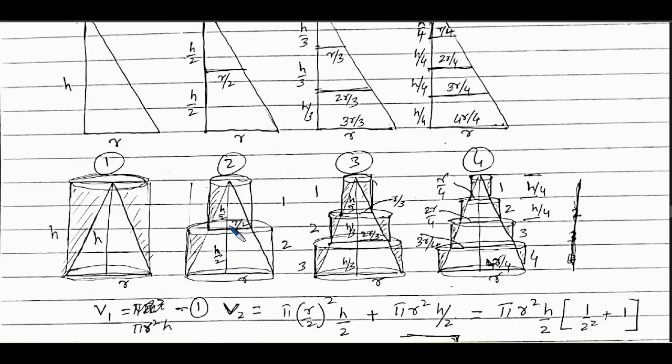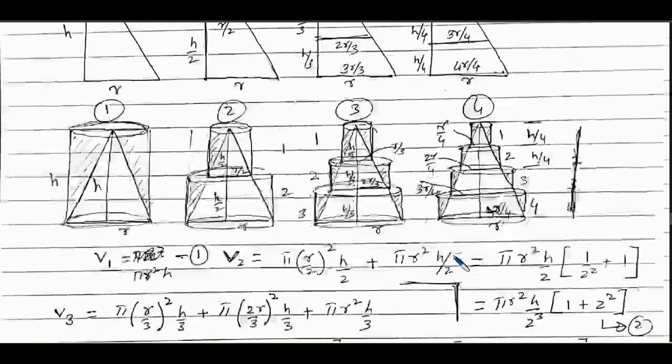Or I put 3 cylinders of height h by 3, with radii r by 3 for the top cylinder, 2r by 3 and r. Now I break further, taking 4 cylinders: r by 4, 2r by 4 for the second cylinder, 3r by 4 for the third, and then 4r by 4 is r.